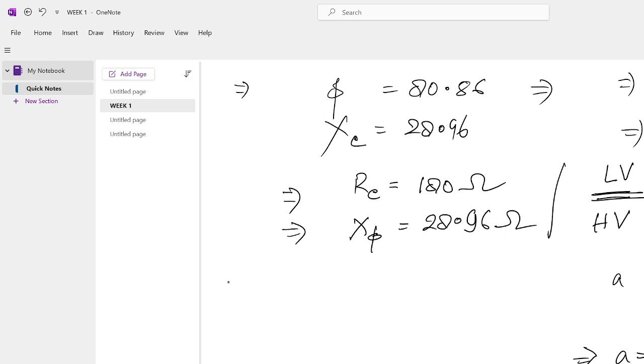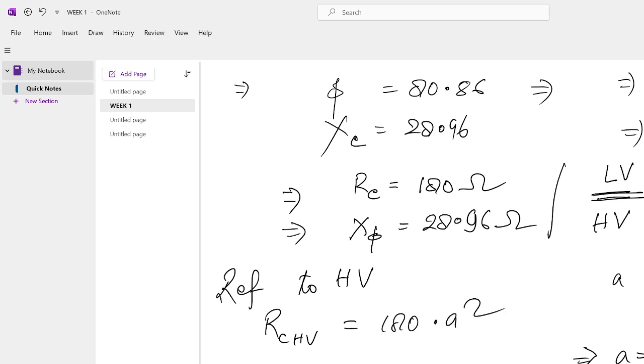So referred to the high voltage side, RCHV will be equal to 180 into A square, and XMHV will be given as 28.96 into A square. What are you getting, sir? RCHV is 2.531 kilo ohm.